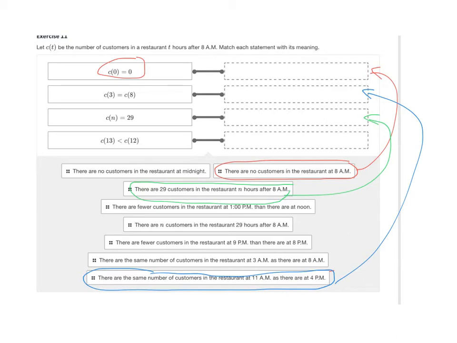And then we've got the customer at 13 hours after 8 o'clock. 8 to 9, 9 to 10, 10 to 11, 11 to 12. So that looks like 9 o'clock p.m. is less than, let's see if we can find it, 8 o'clock. Looks like it's got to be this one here.